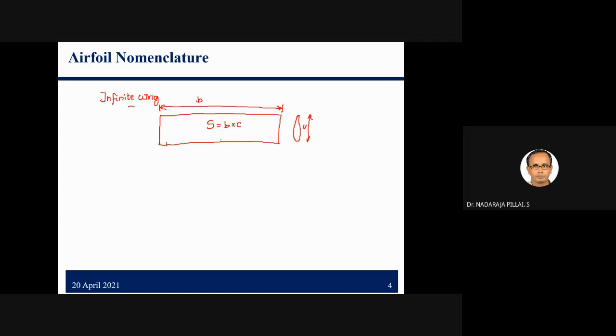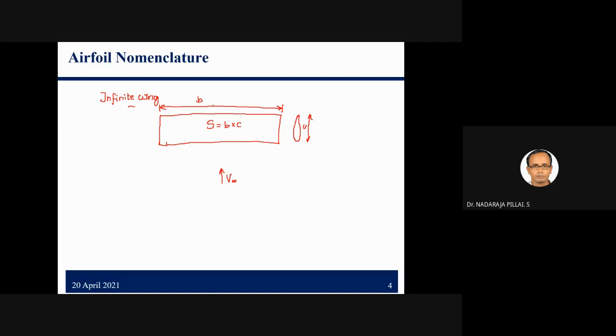Now, the infinite wing, we say, is not infinite geometry of the wing. Instead, in this particular wing, the flow is from here, V infinity.